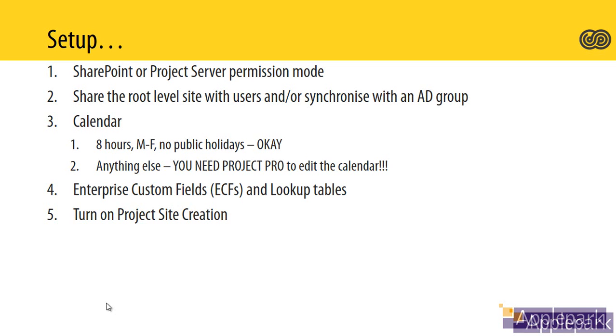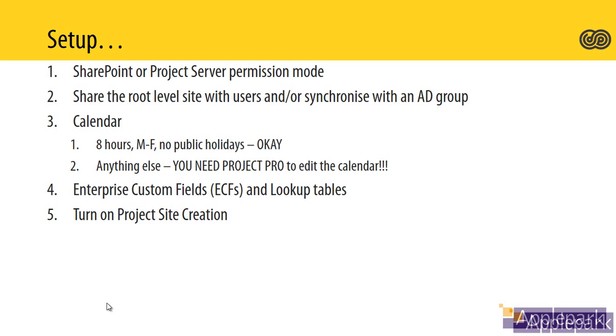We would then go and edit and create some enterprise custom fields. If you've never come across these before, these are part of the structure that you'll use for governance of your project. So if I'm in an organization, I've got 50 projects running, some of them will be in initiation, some of them will be running, some might be on hold, some could be completed. And maybe I want to group and structure those. Some might have a risk that is red associated with them. Some of them we might say the project risk is amber.